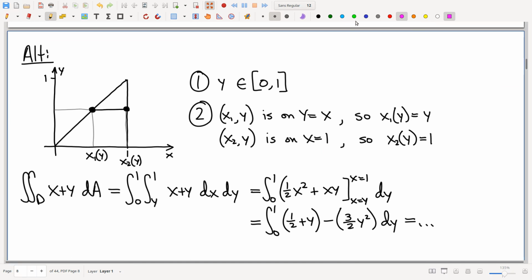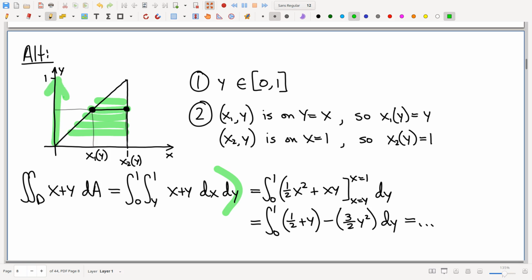Here I am going to do it in the other order, dx dy instead of dy dx. Let's see how that plays out. This is what y slices look like, as y goes over whatever range it is.